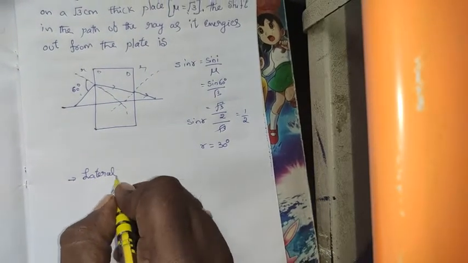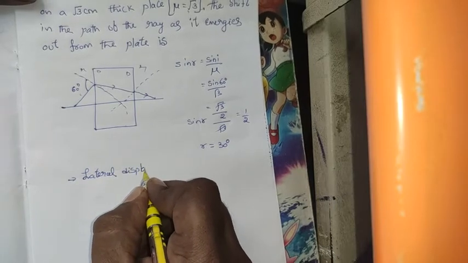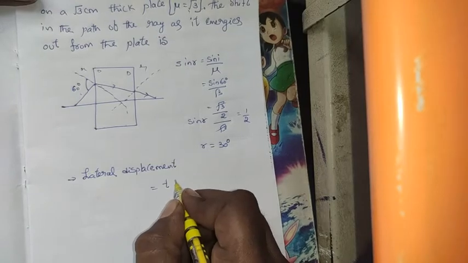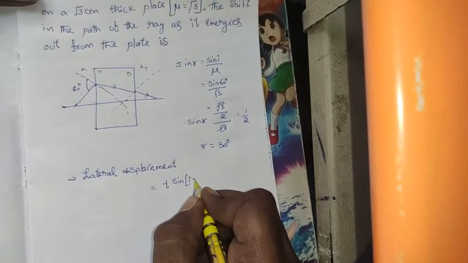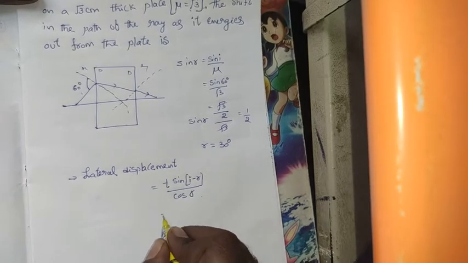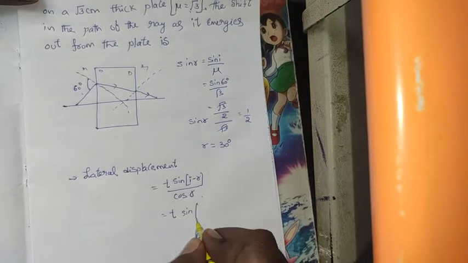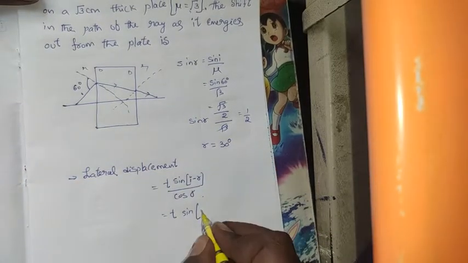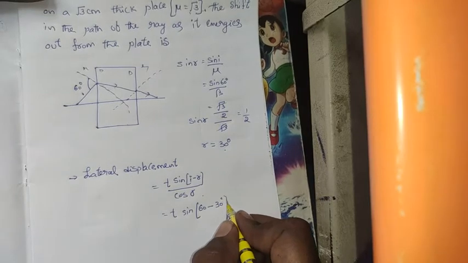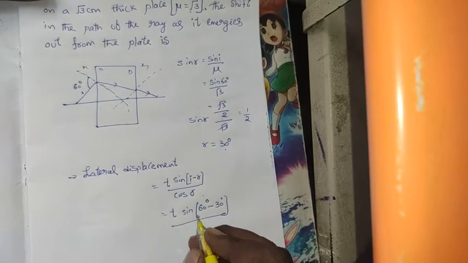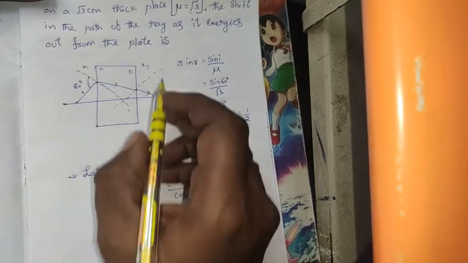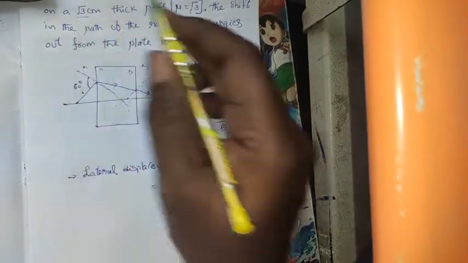Next we need to find the lateral displacement. Lateral displacement is t into sin of (i minus r) by cos r. The angle of incidence is 60 degrees and r is 30 degrees, and the thickness is root 3.